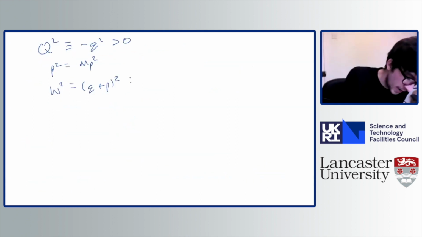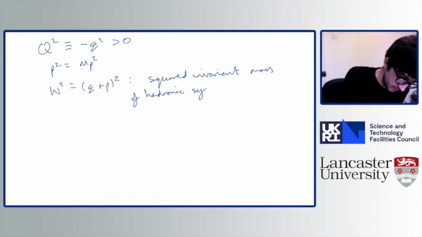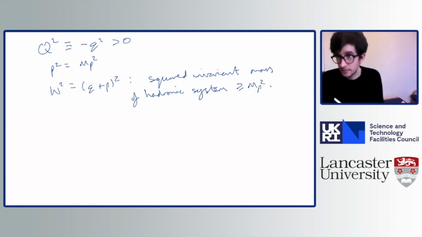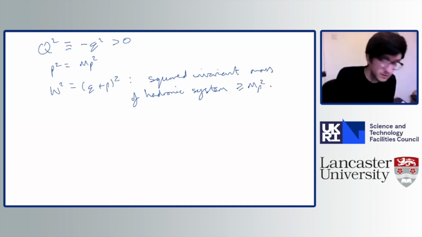So this is the squared invariant mass of the hadronic system. And this is by definition greater than or equal to MP squared. It can be equal to MP squared, then it would be elastic scattering, but it certainly has to be greater than or equal to it.